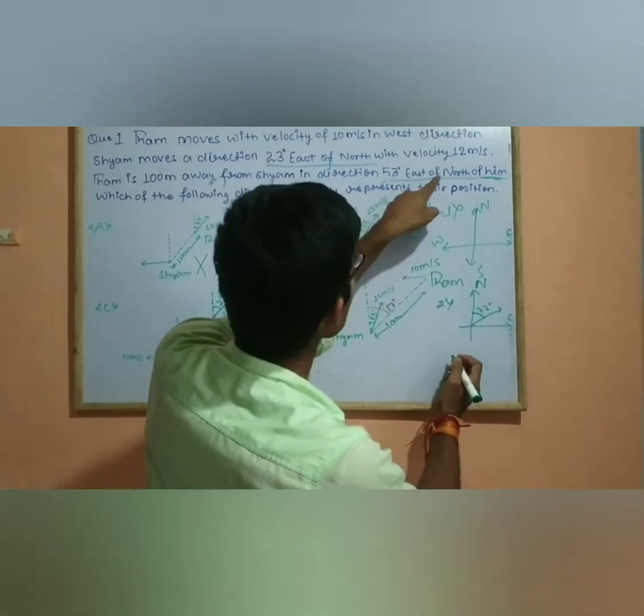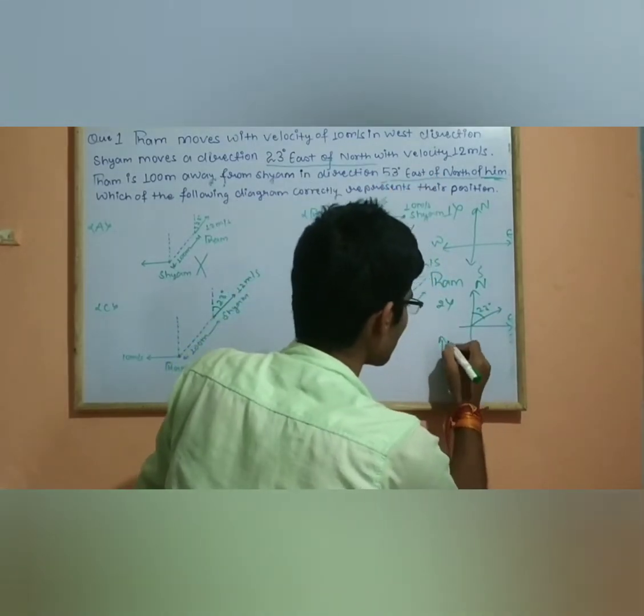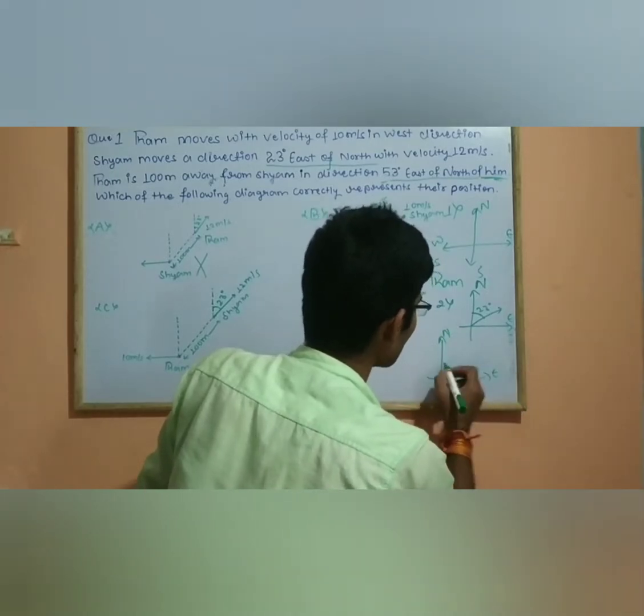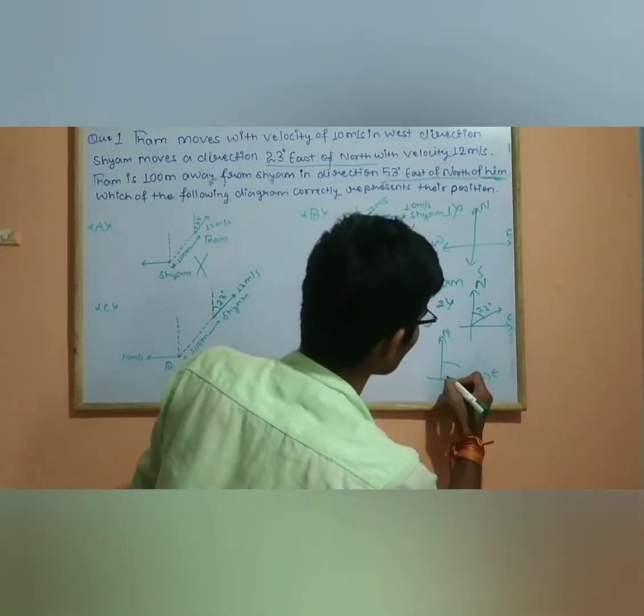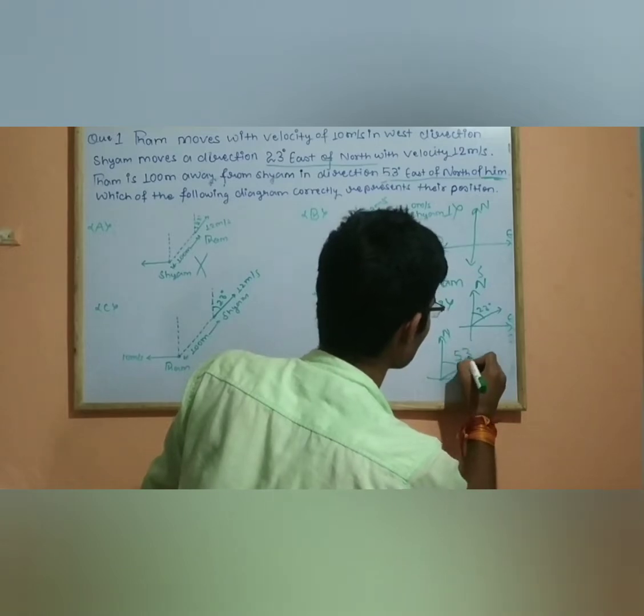And 53 degree east of north means, north, this is east, 53 degree from north towards east, this is 53 degree.